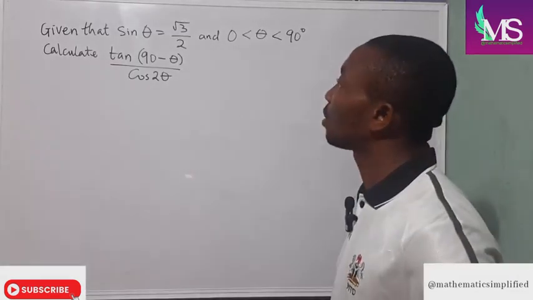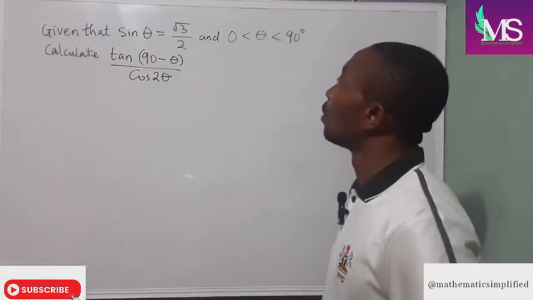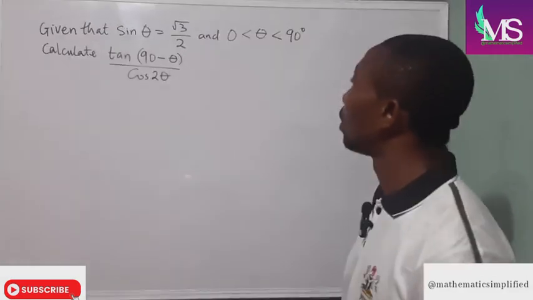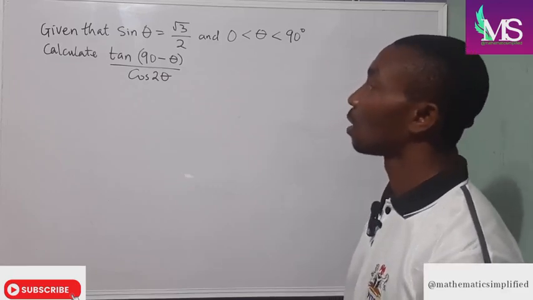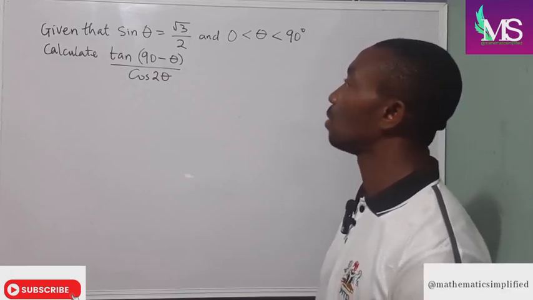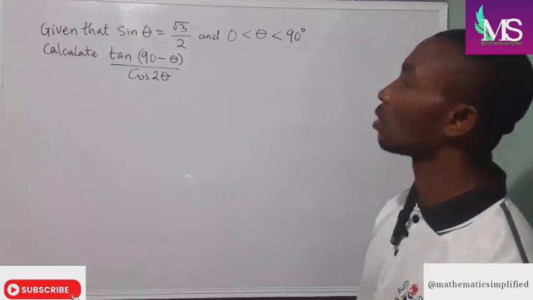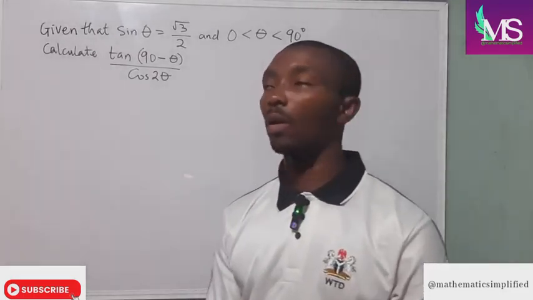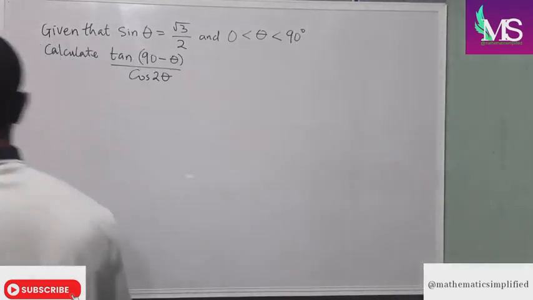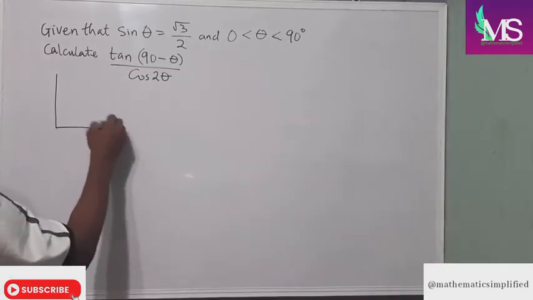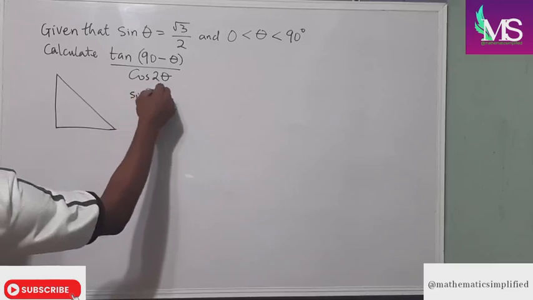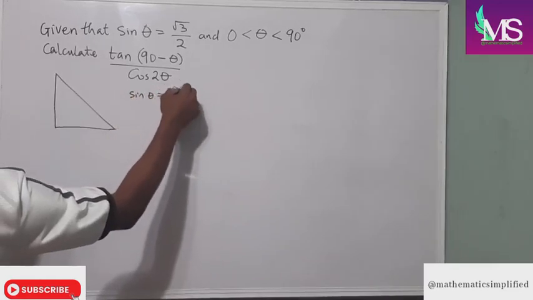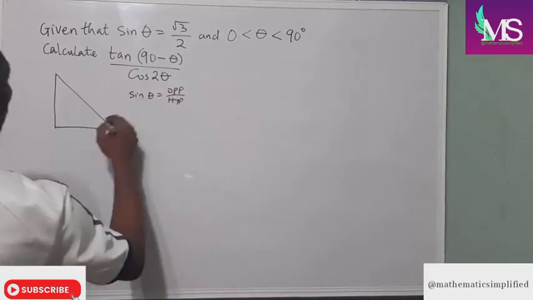Given that sine theta equals root 3 over 2 and theta ranges from 0 to 90, calculate tan 90 minus theta over cos 2 theta. Now with this, we are going to draw our right angle triangle, bearing in mind that sine theta equals opposite over hypotenuse.